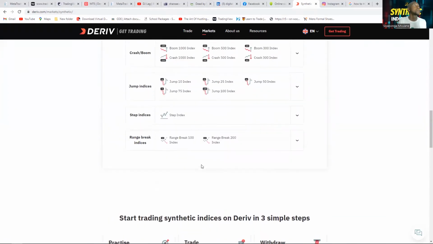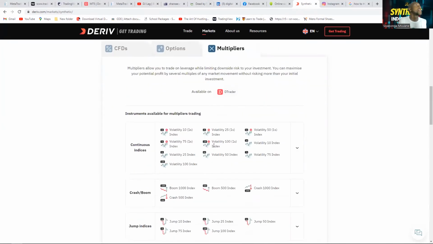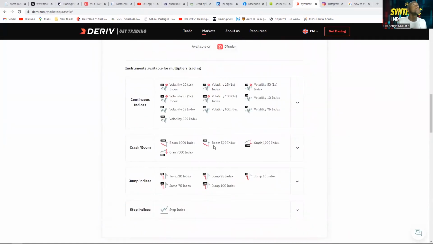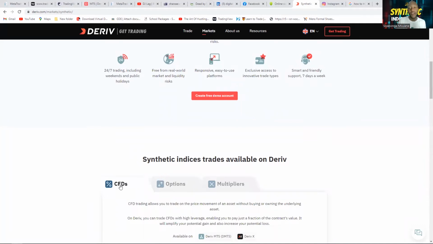There are so many. You can go through them when you're trading options and multipliers. You should perhaps go through these on your own, and if you have any questions about how they work, or you don't understand whatever's written here, you can leave a comment below and I'll be sure to answer you.